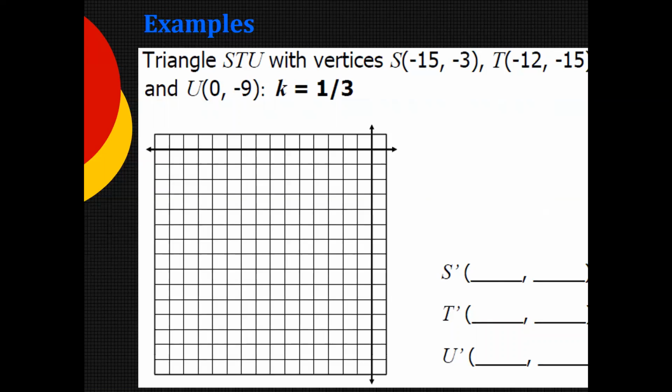This one here, we have triangle STU with these vertices and a scale factor of 1/3. So take a moment and pause the video and see if you can draw the original triangle, and in this case, the reduction by 1/3.